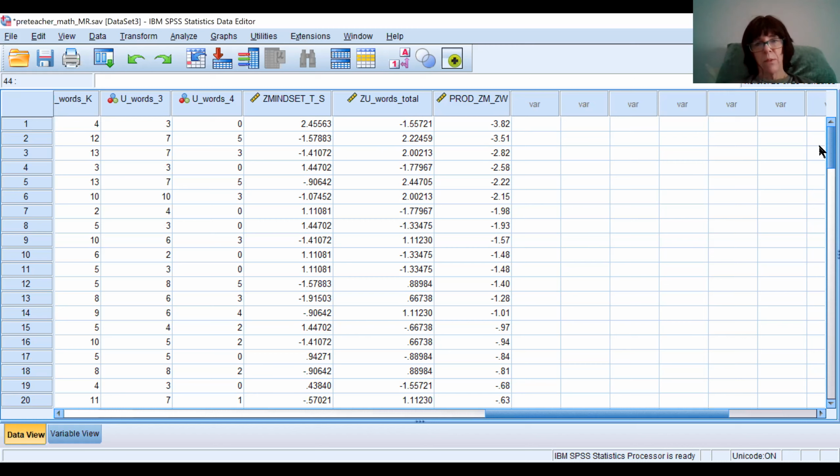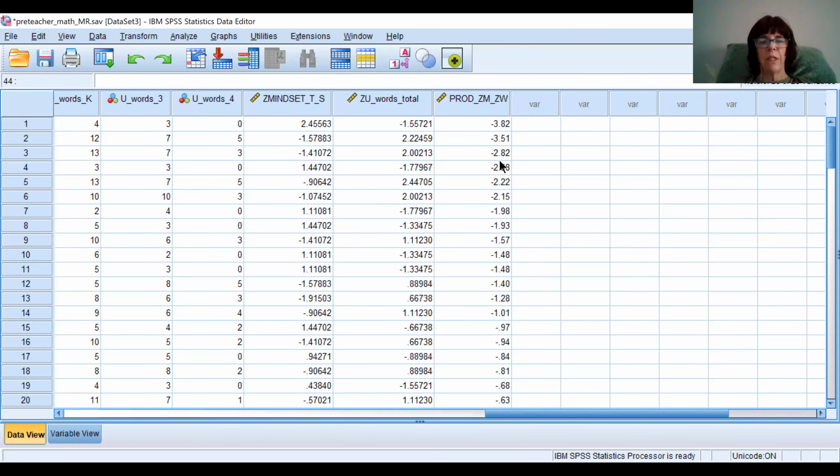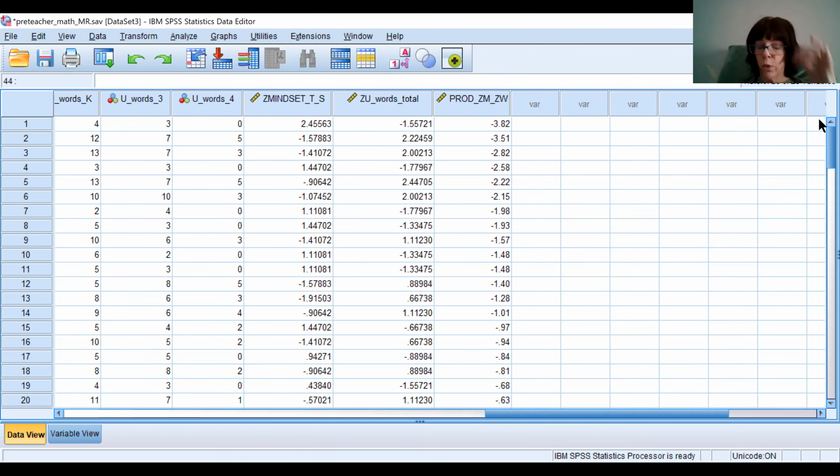Why do I bother with this? Well, this is, of course, the numerator of this formula, these values. And the point I want you to see is that these values can be negative. And you know that a correlation not only shows strength of relationship, but it shows direction. So a correlation can be negative. Where does the sign of the correlation come from?